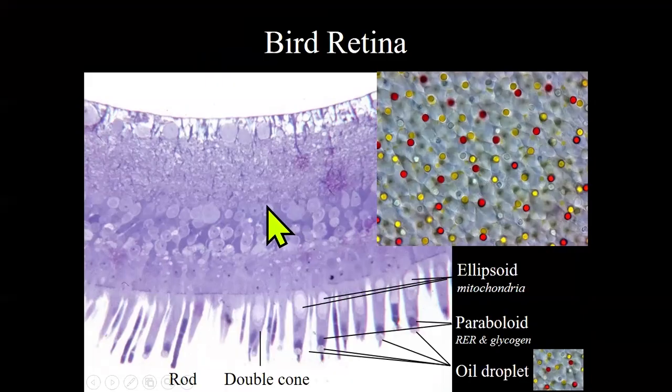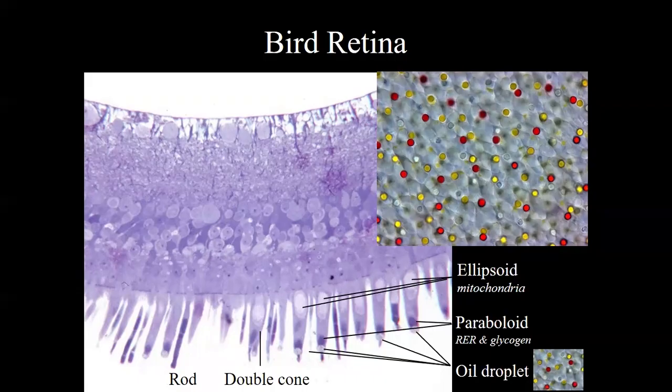And so this is... does anybody here know what a plastic section is? In acrylic? Acrylic, yes. The tissue, rather than being embedded in paraffin, is embedded in an acrylic. And that means, among other things, that you can make a much, much thinner histologic section than you can in paraffin.